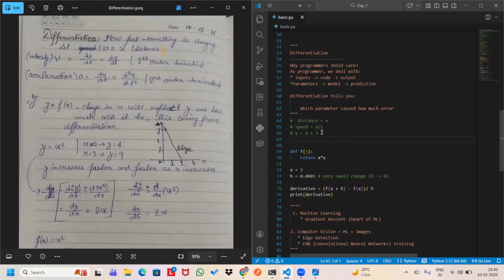Let me first differentiate with respect to x. Then y will be treated as a constant, and whenever you differentiate a constant, the result would be 0.